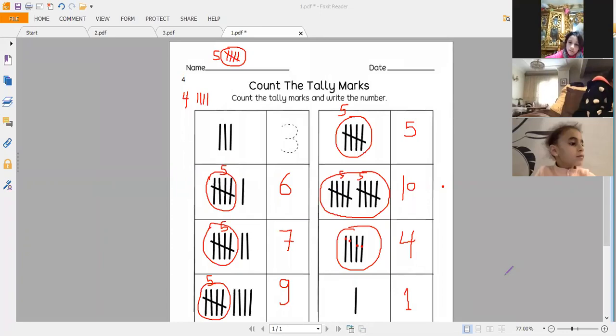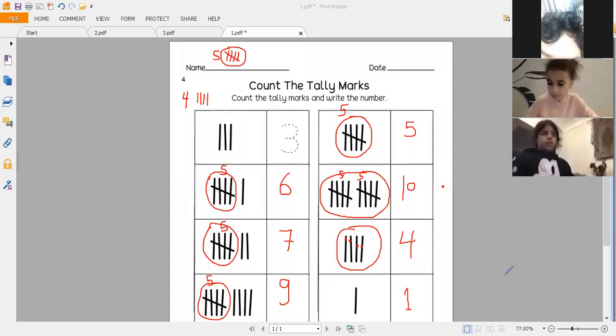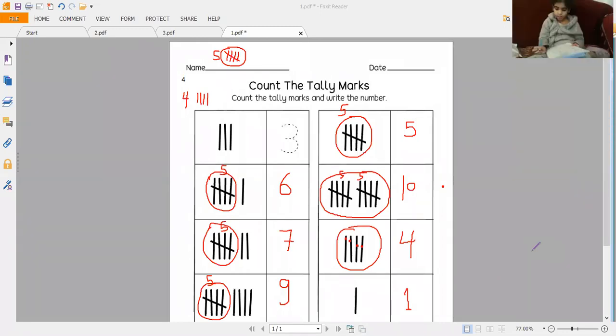Ruqayya Yahya, finish? Yes. Sidra, finish? Yes, miss.